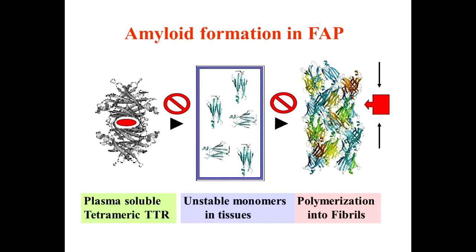We know now through many different types of studies in many labs that this tetramer circulates in blood, especially with mutations. It gets unstable, dissociates into monomers, and these monomers then assemble into ribbon-like structures, making like a tubule, which is a fibrillar material.